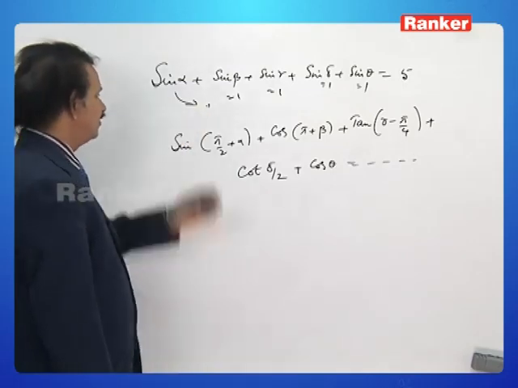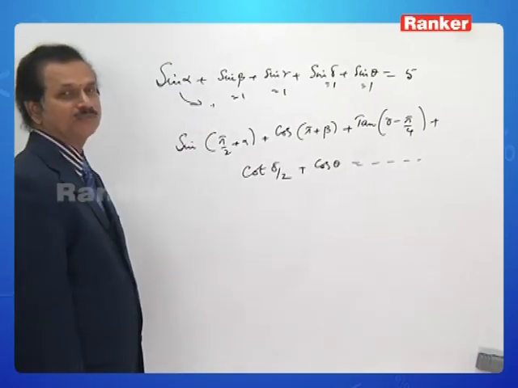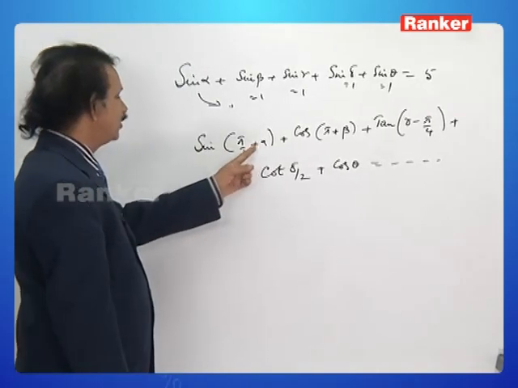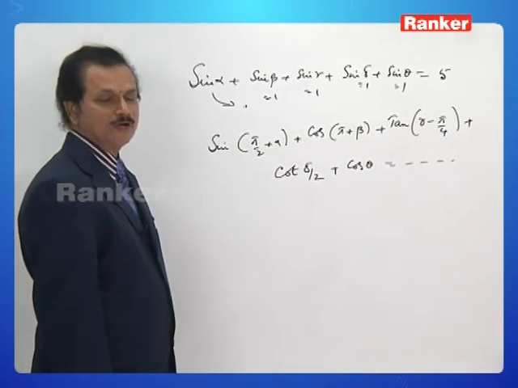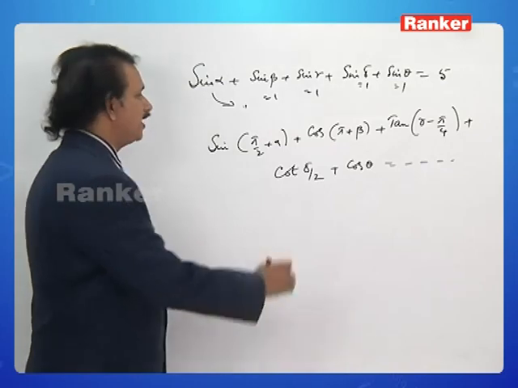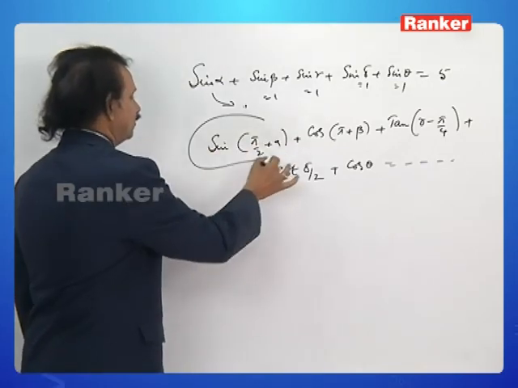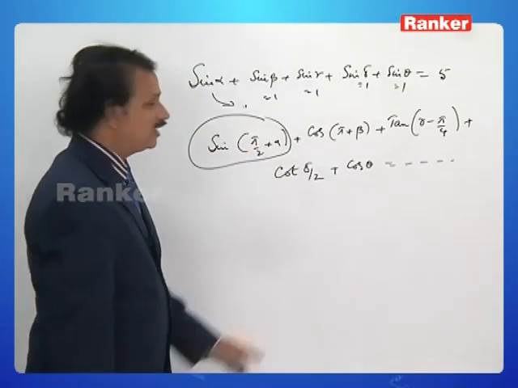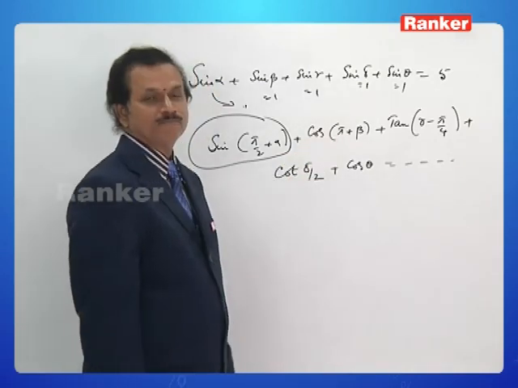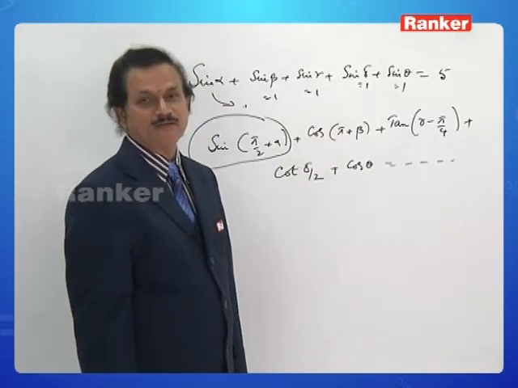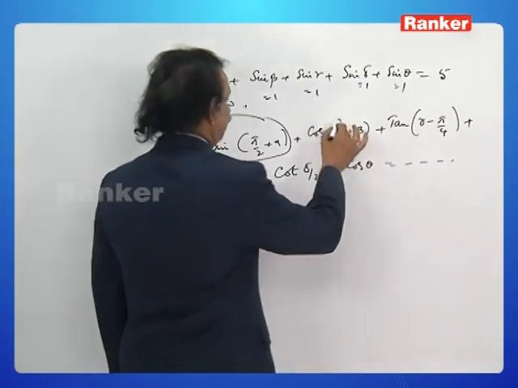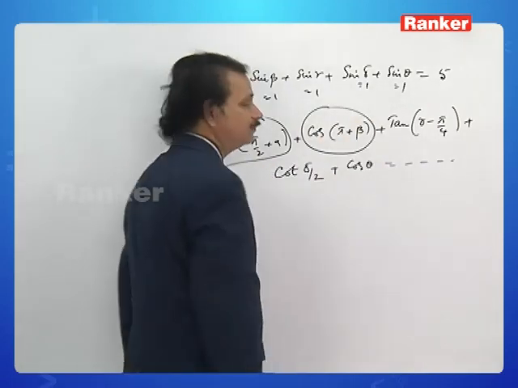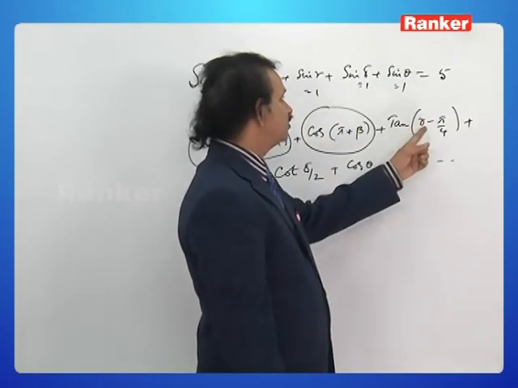Well, sine alpha is equal to 1. You can take alpha as pi by 2. Sine of pi by 2 plus pi by 2. How much? 180. Sine 180, 0. Cos of pi plus pi by 2. 180 plus 90, 270. Cos 270, 0. Gamma is pi by 2.